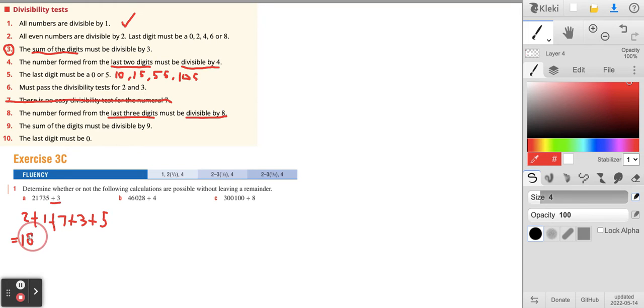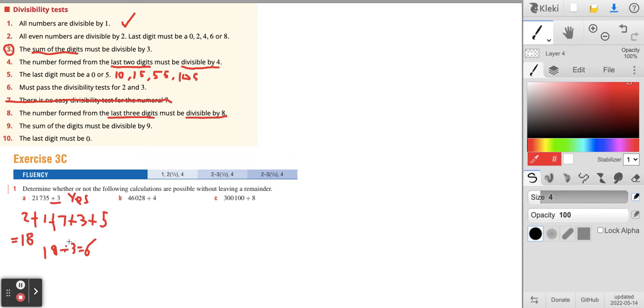Now using my value of 18, I need to check, can I divide it by 3? I know that 18 divided by 3 is equal to 6, and there's no remainder. So the answer for 1A is yes. This number can be divided by 3, and I won't get any remainder.